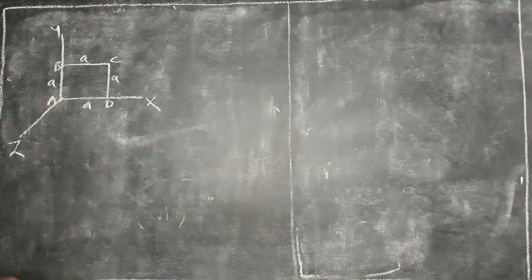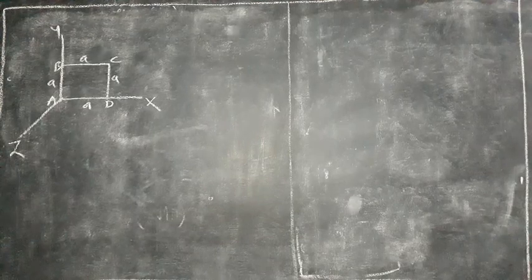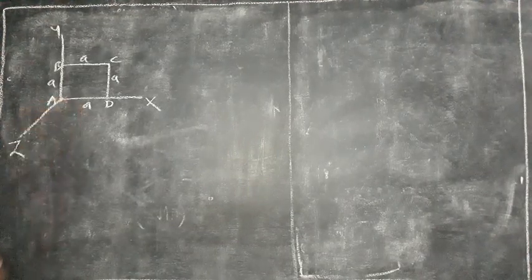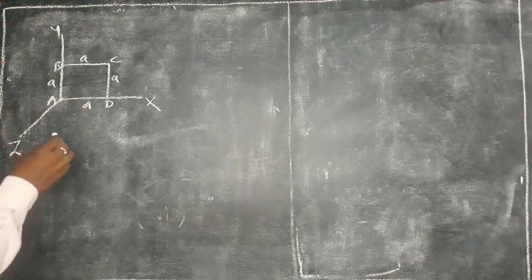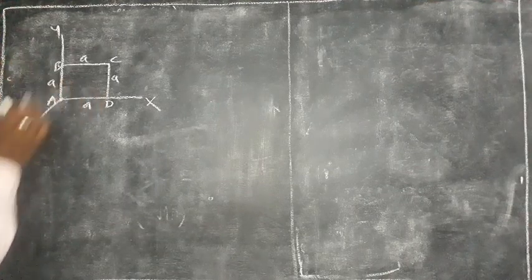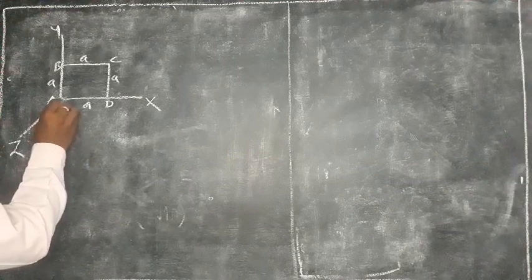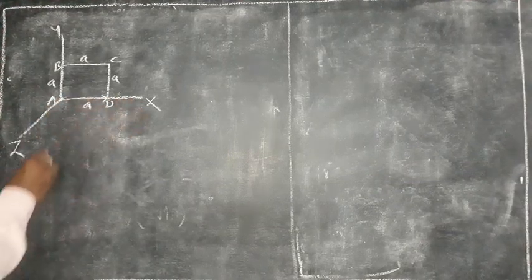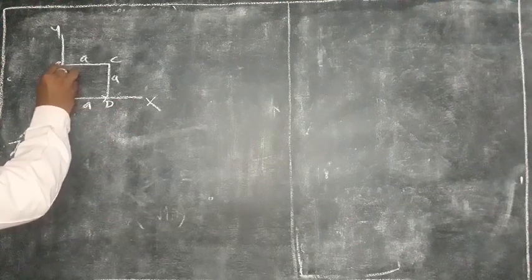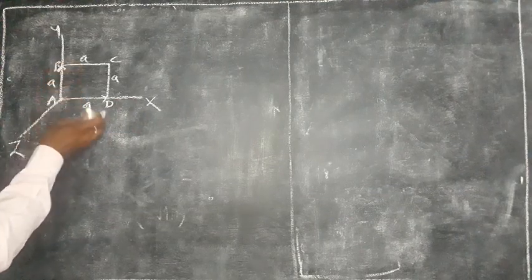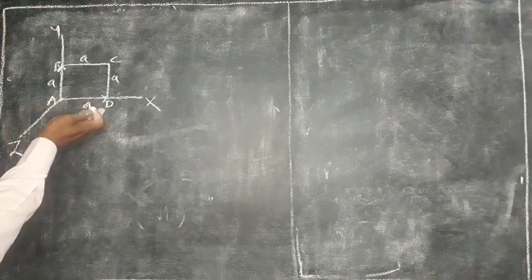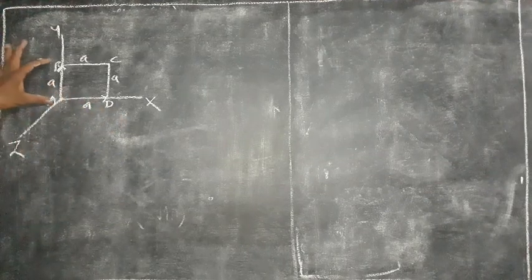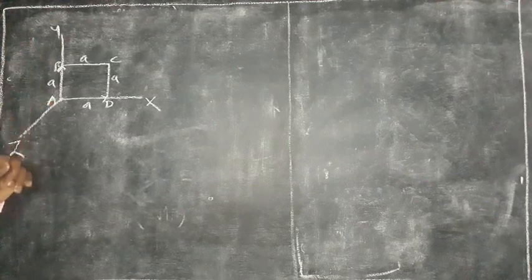But here we consider two vectors acting at a point A, mutually perpendicular to each other. Here AD is a vector acting along the x-axis, and AB is another vector. It is perpendicular to AD. Therefore, AD and AB are two vectors.